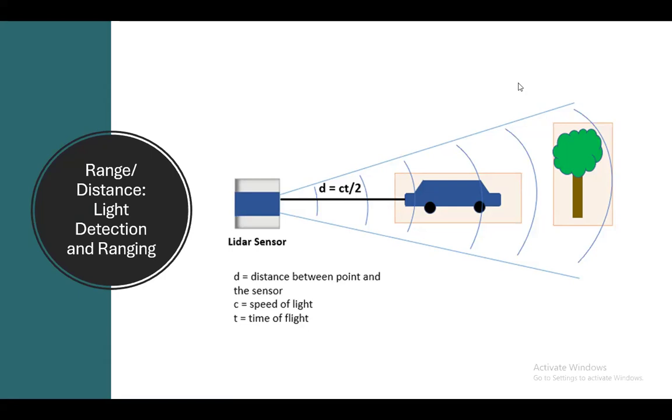Utilizing that information and the time of flight, the time taken to travel the distance, it can calculate the distance. So you have the speed of light, you have the time of flight, and with a simple equation, it can calculate the distance.